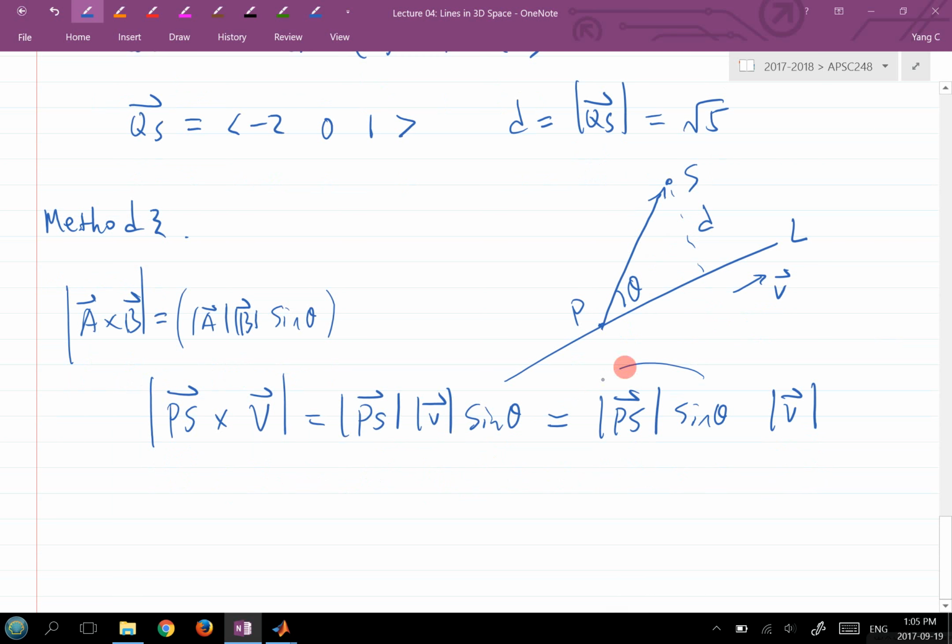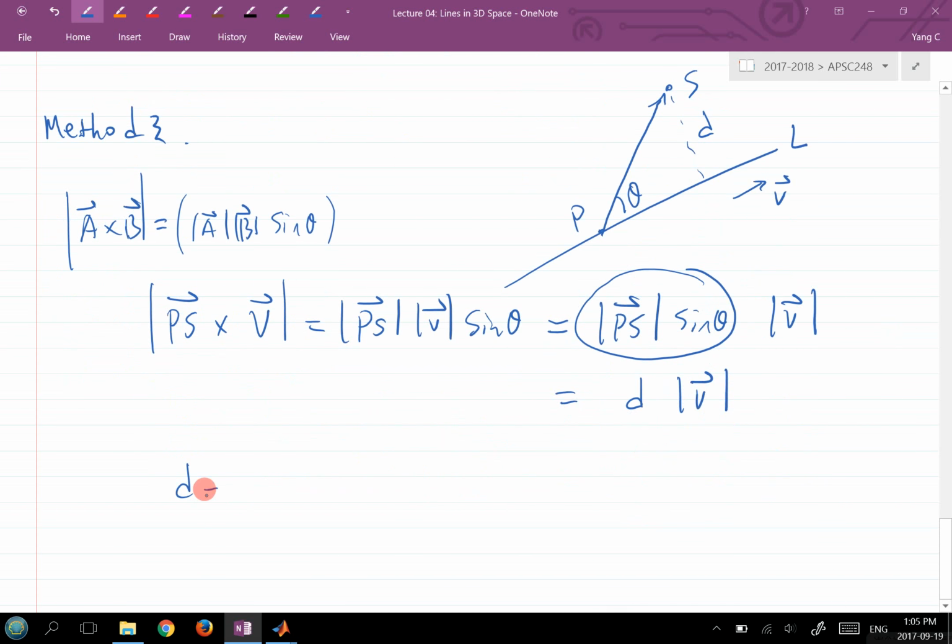And what is this term here? PS sine theta is what? This is D. That's exactly what we're looking for. So now you solve for D here. You see your D equals what? There we go. That's how you can calculate the shortest distance D.